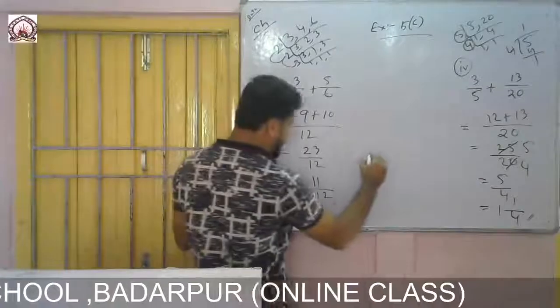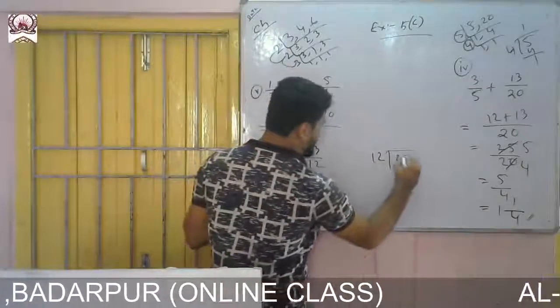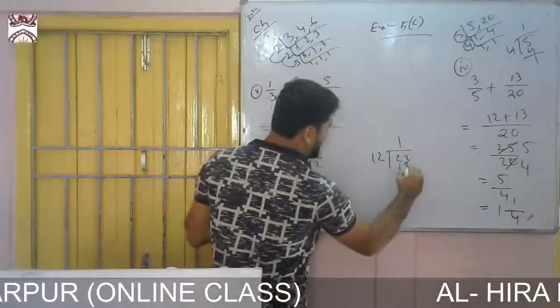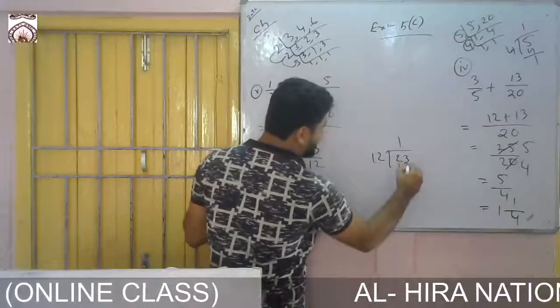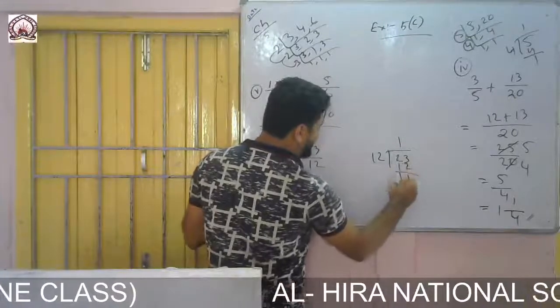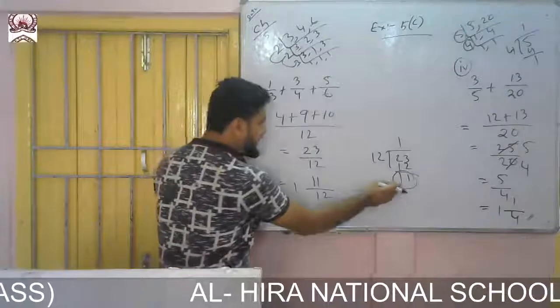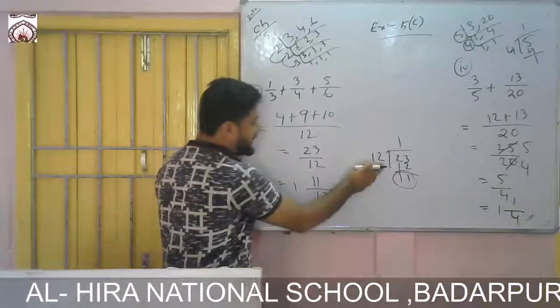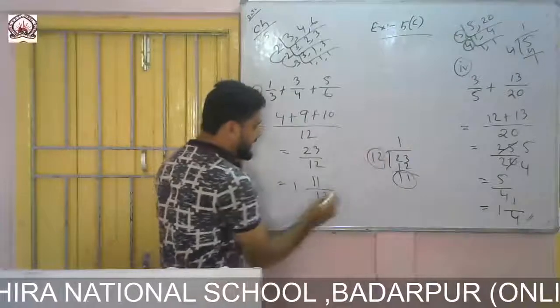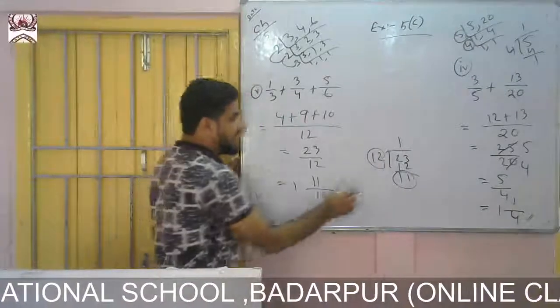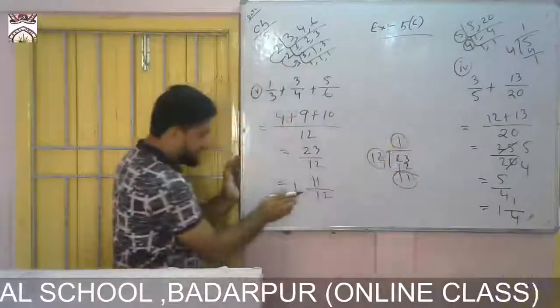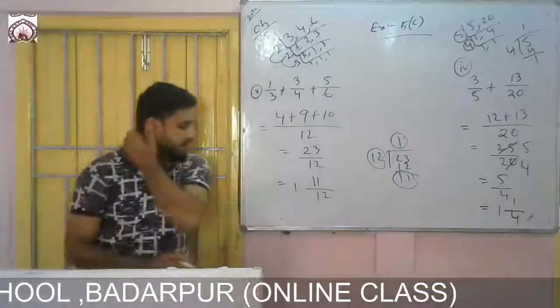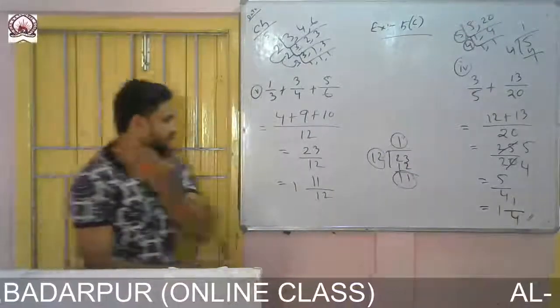If we divide 12 with 23, then 12 1s are 12, 3 minus 2 is 1, 2 minus 1 it is 1. So this is the remainder, and the remainder we write in the numerator. This 12, the divisor, we write as the denominator, and the quotient we write as a whole number here. So that is the answer.